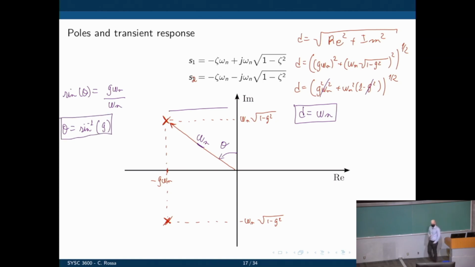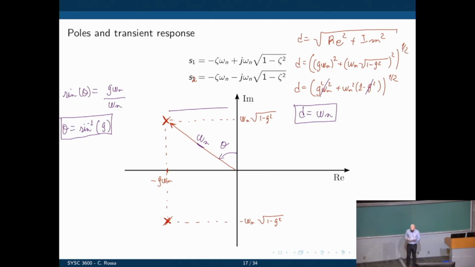So this is to say that when we place a pole on the S-plane, each pole has its own natural frequency and its own damping ratio. And those are given by how the pole is located. The farther it is from the origin, the greater the natural frequency. The smaller the angle between the line that connects the pole and the origin, the more oscillations we see, because zeta now depends on that angle.